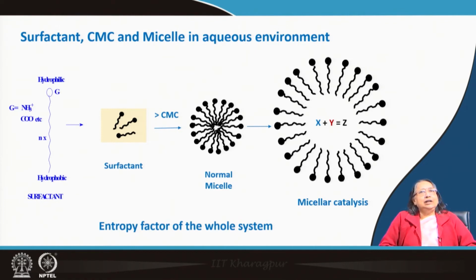You have to think about the whole system. When the micelles are formed, the water structure is breaking, so the entropy of the water is increased. In the micelle itself entropy may decrease, but as a total system, entropy is increased. This is not catalysis related, but I wanted to mention it.